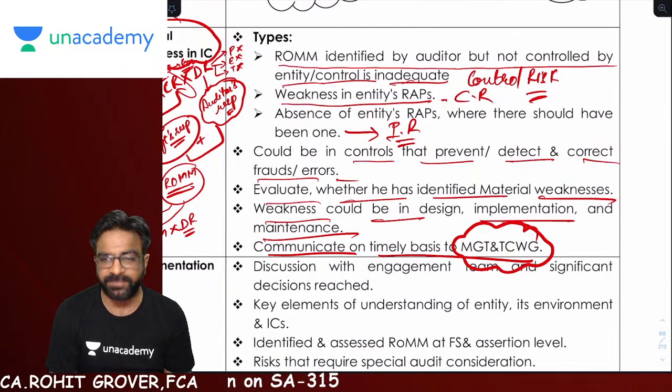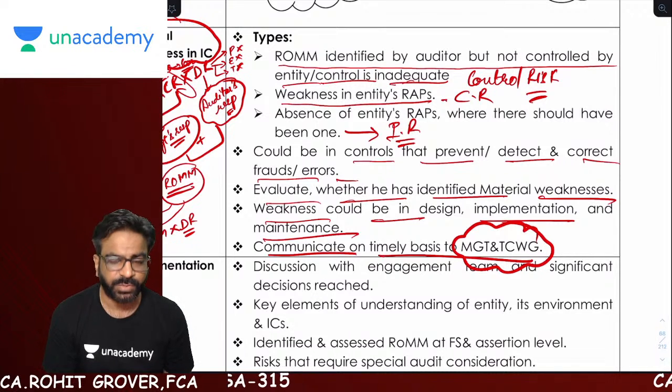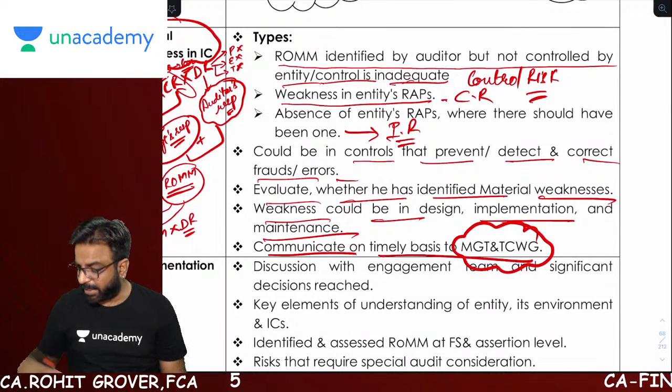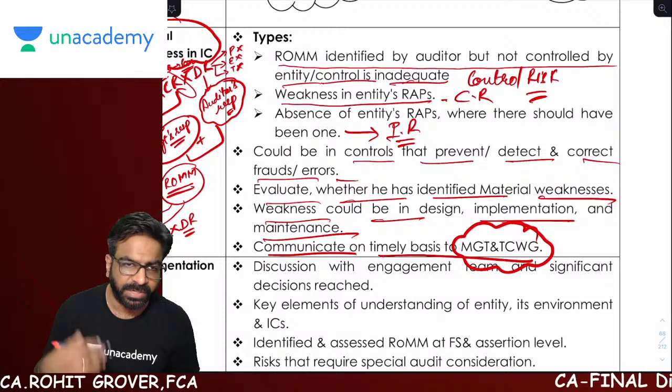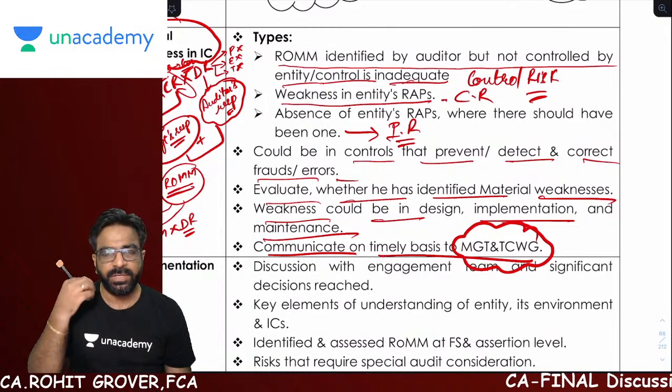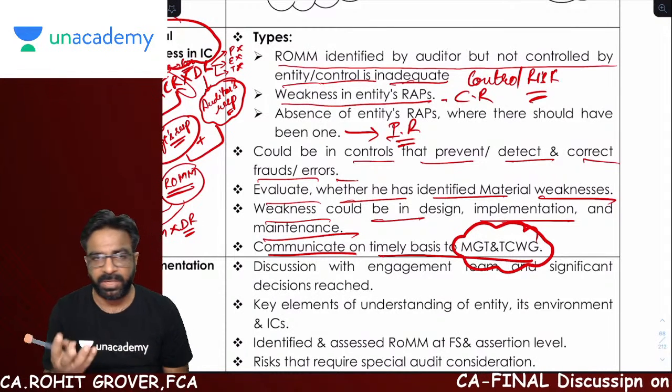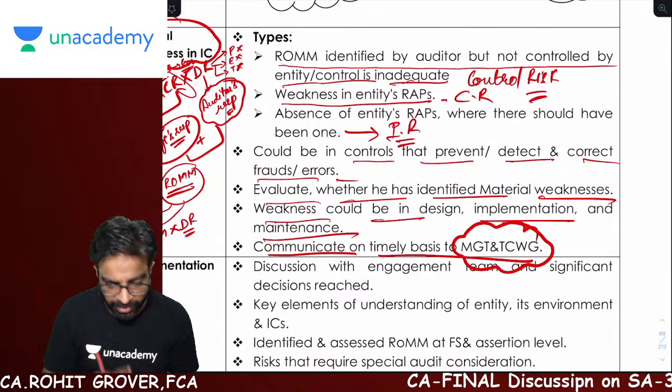Yes, SA-265. Very nice. It talks about communicating the weaknesses in the internal controls to the TCWG. You might have heard about the letter of weaknesses as well in your intermediate level.